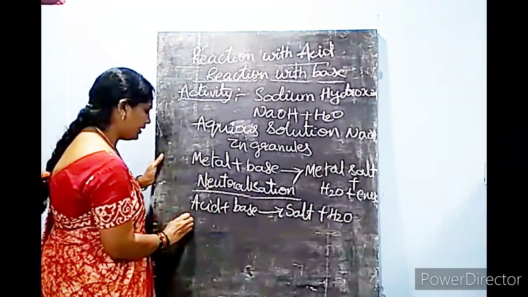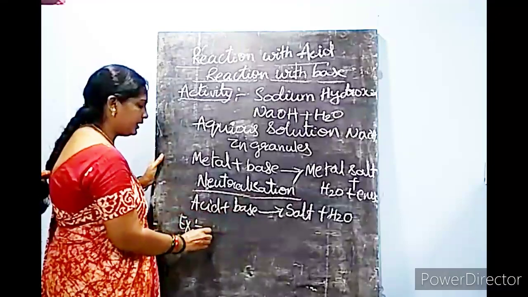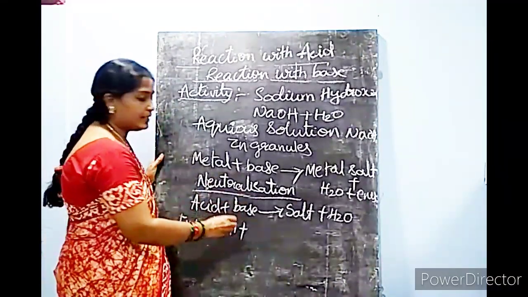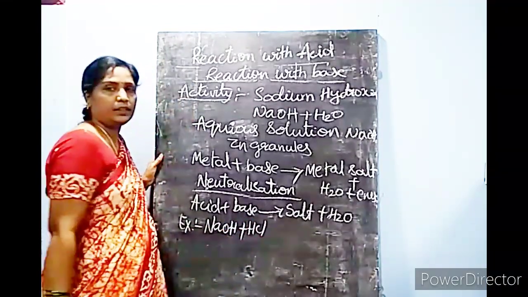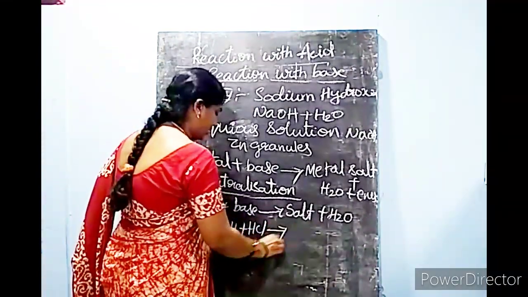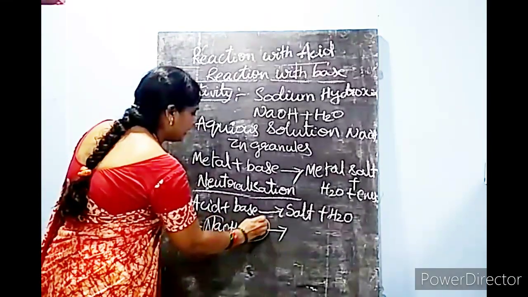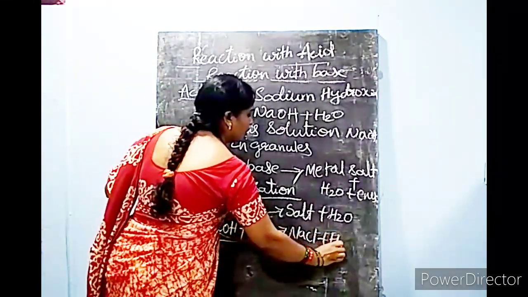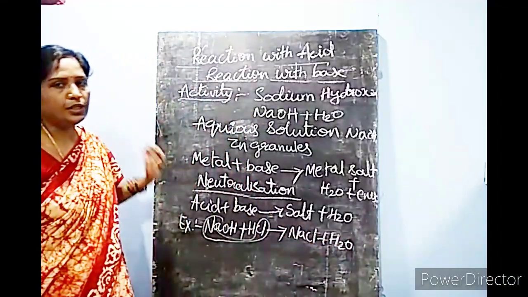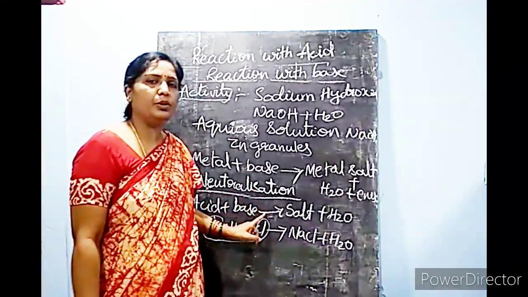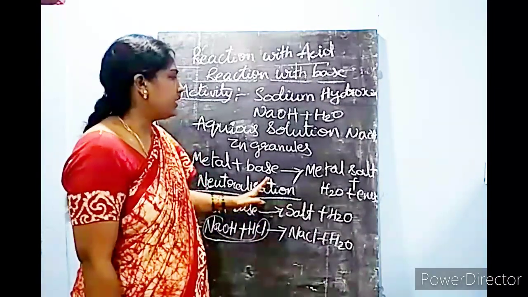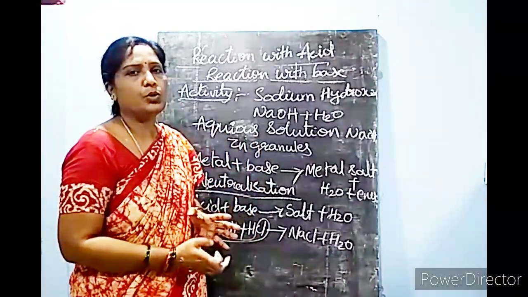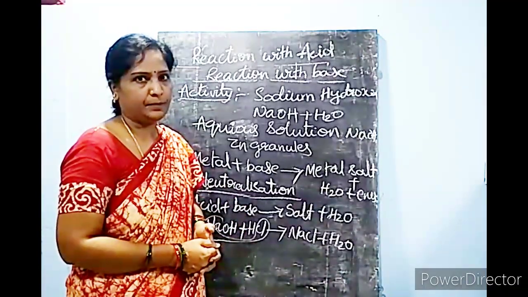For example, if we take a base as NaOH plus an acid as HCl, then it gives rise to NaCl plus H2O. This is the neutralization reaction example you learnt in class 7. In the same way, metals react with aqueous solutions of bases.